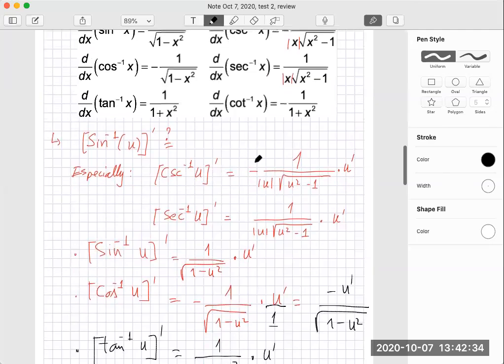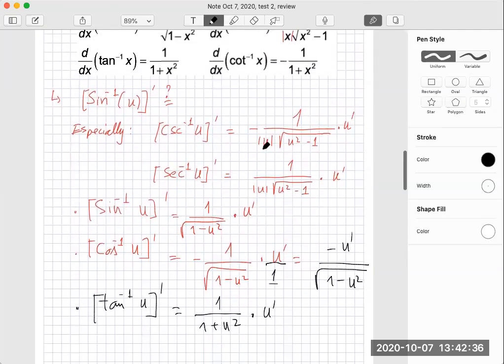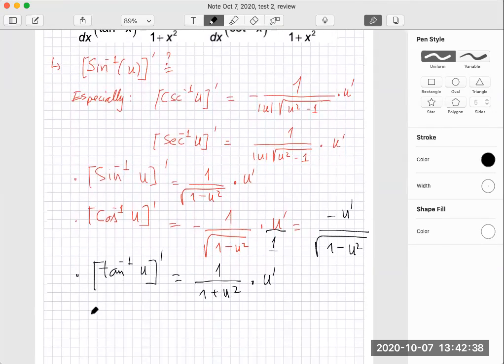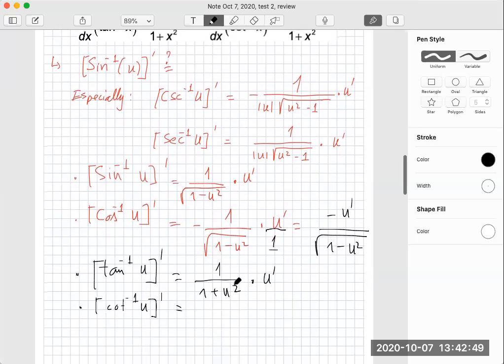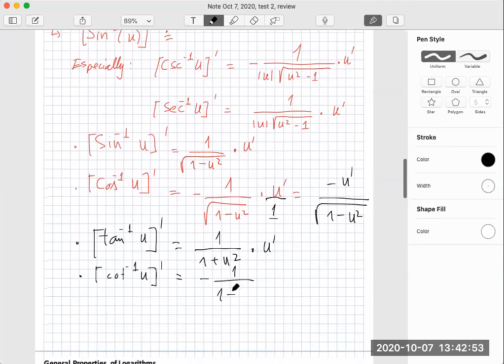And cosecant and secant, cotangent, the similar story. The derivative of the inverse of u, negative sign of 1 over 1 plus u squared, and then multiply with u prime. Okay? That is the derivative formulas for the inverse trigonometric functions.